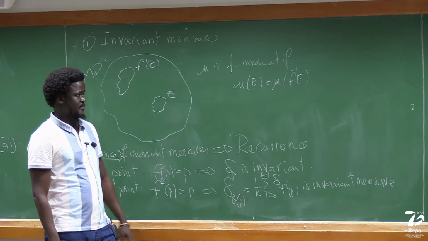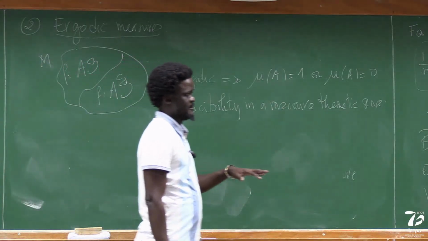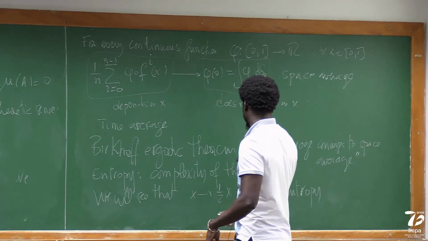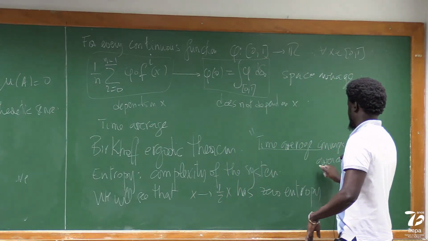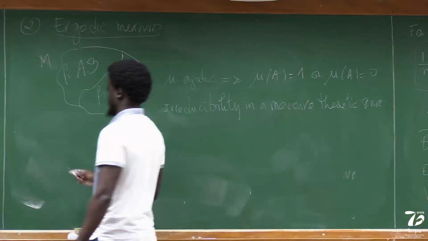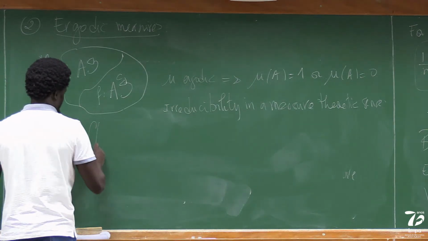From ergodicity, you have the application of the Birkhoff ergodic theorem, that tells you that time average is converging to space average. So we have the Birkhoff ergodic theorem that you can use here to know something about your system.